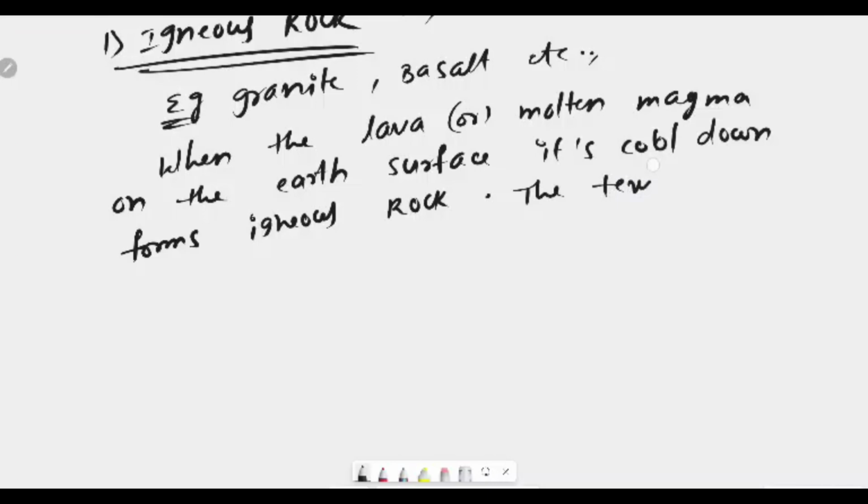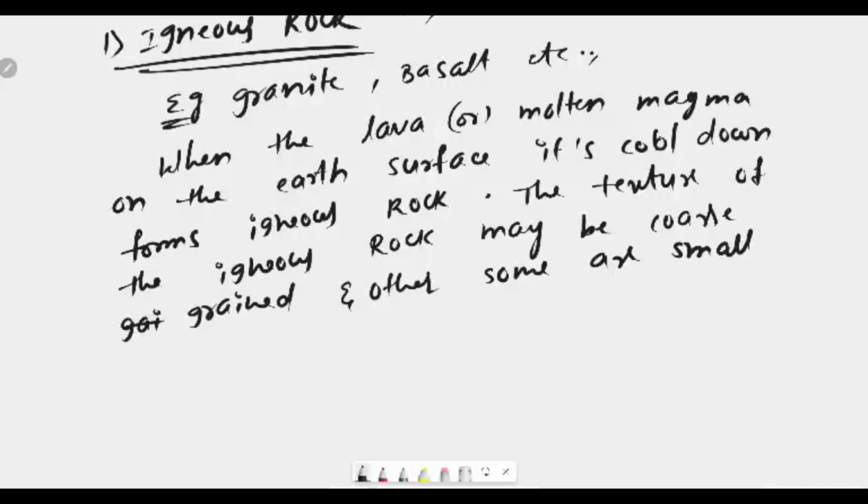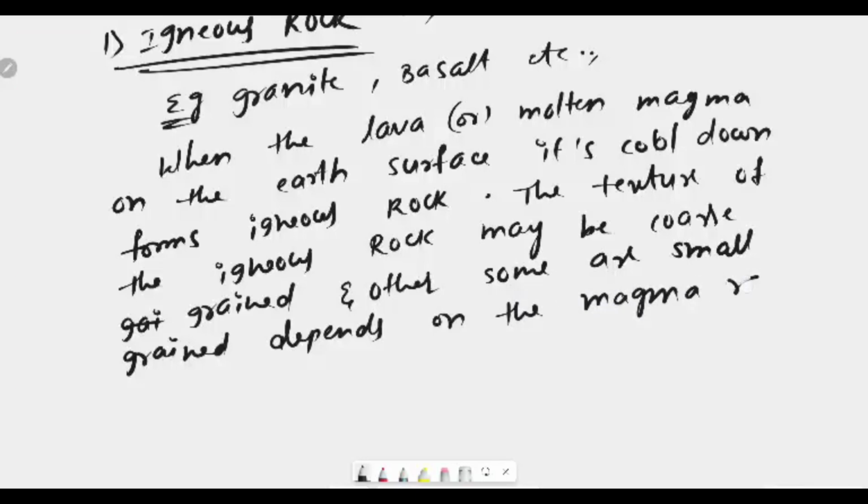The texture of the igneous rock may be coarse grained, and others are small grained, depending on the magma's rate of cooling. This is the igneous rock.